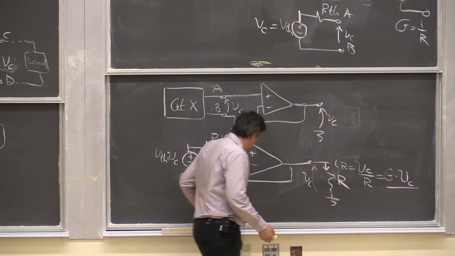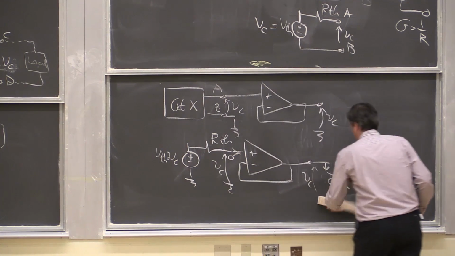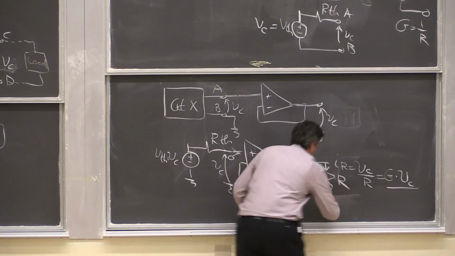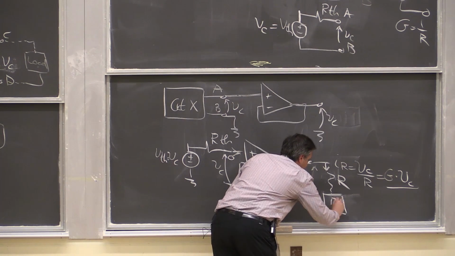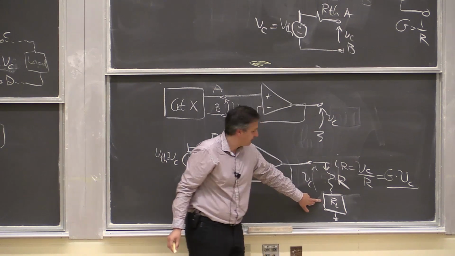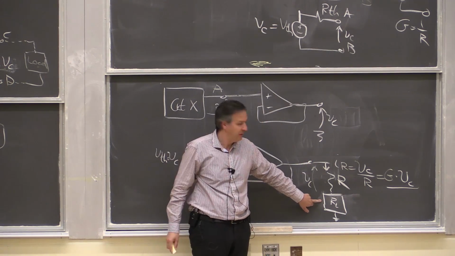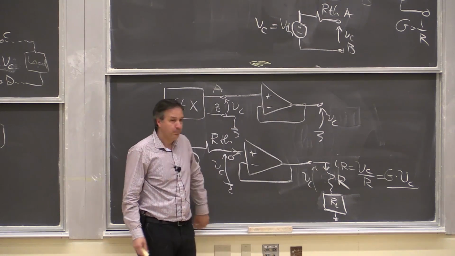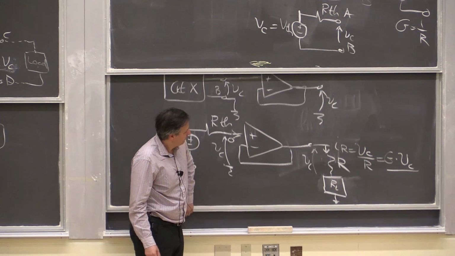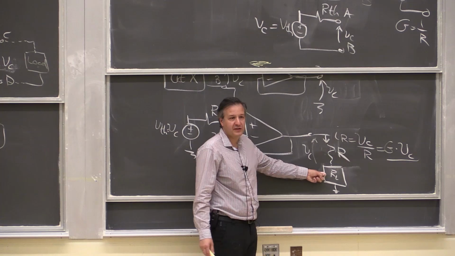If I add any other load here, so this is R load, right? If this is some equivalent R load, how does that change the current? I just added another resistor in series.